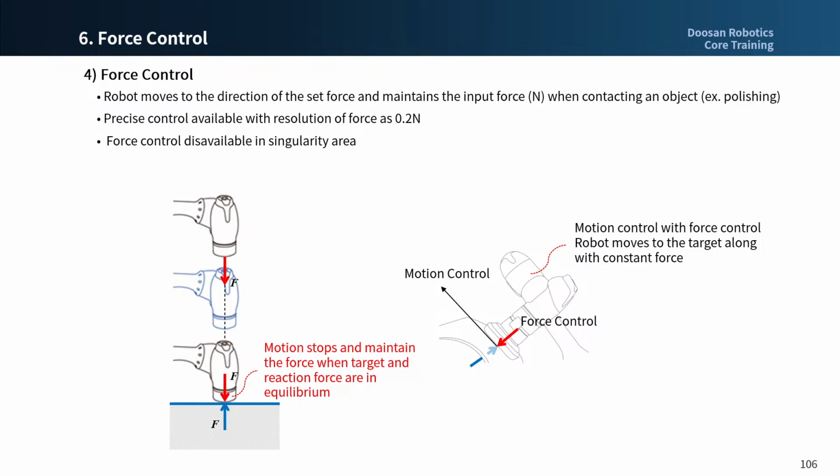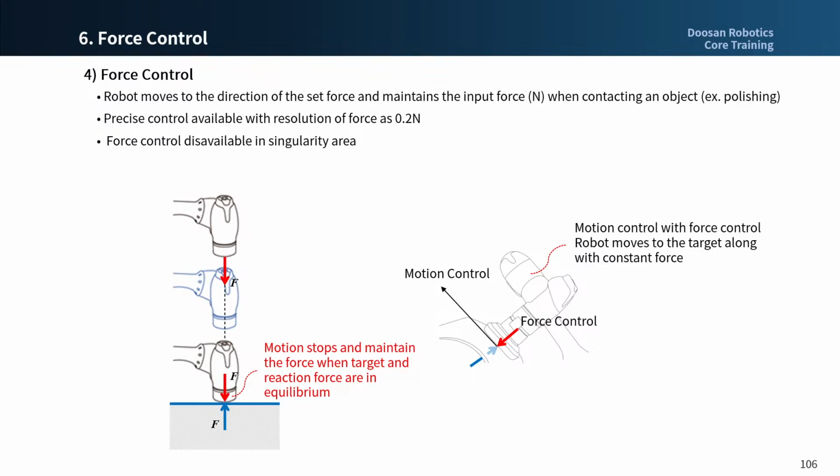So you can apply force while maintaining the reaction force only by making contact, but because of this, you can misunderstand the force command as a motion command. But this is a simple motion for applying force, not a command for precise position control.